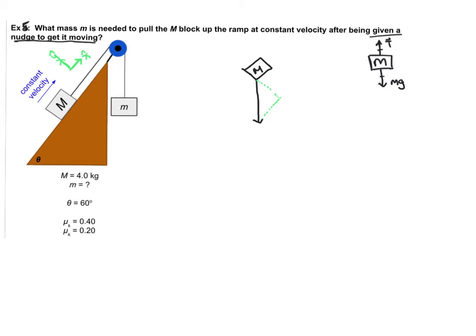Okay, so gravity will be capital M times g, and I'm going to label these F_Gx, F_Gy.